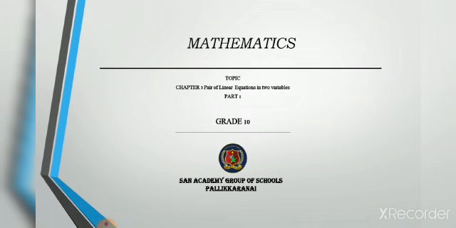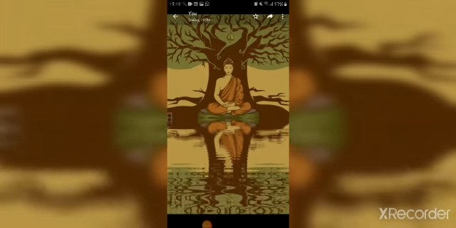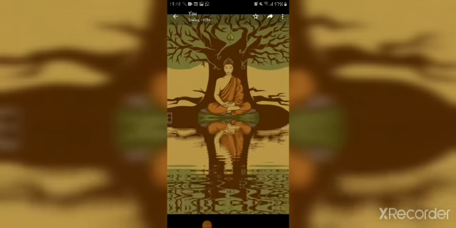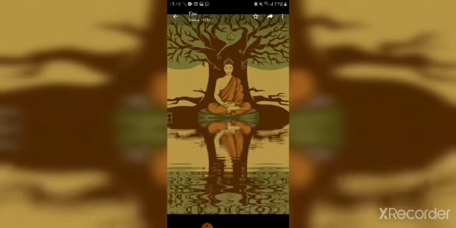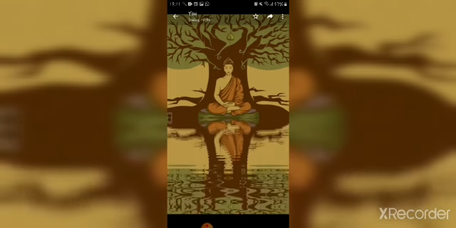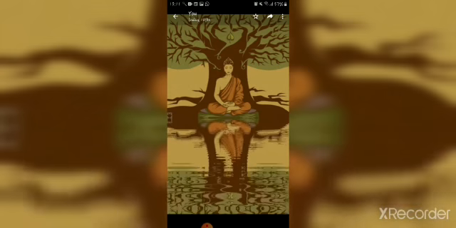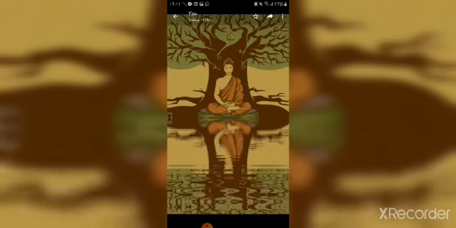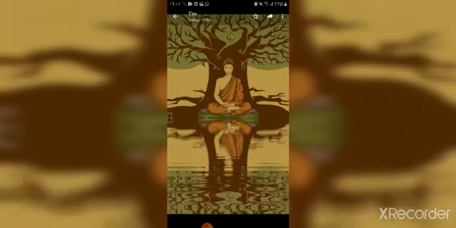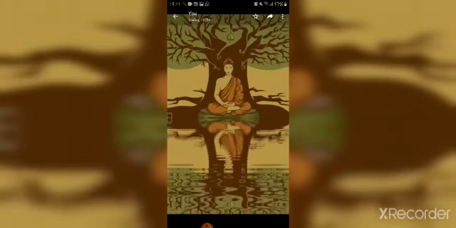Before we start the class, we'll do a small meditation activity. Close your eyes and sit straight, as the picture shows. Breathe in, breathe out slowly.